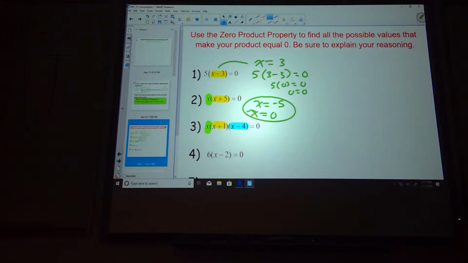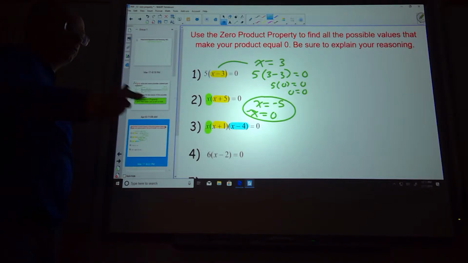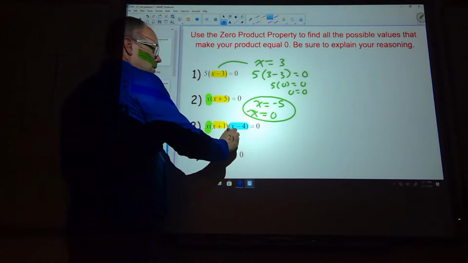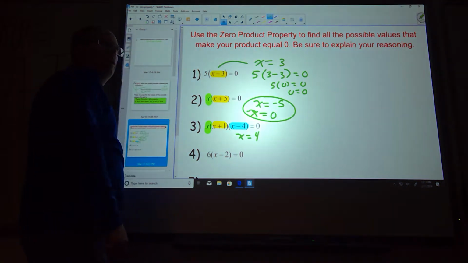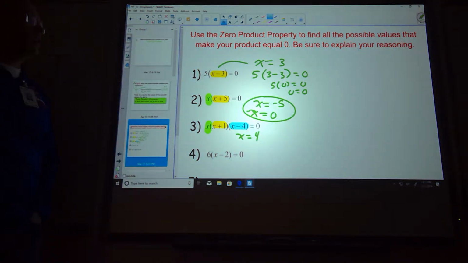All right. So, what is one solution on that number 3? Positive 4, because 4 minus 4 makes it 0. What's another one? Negative 1.